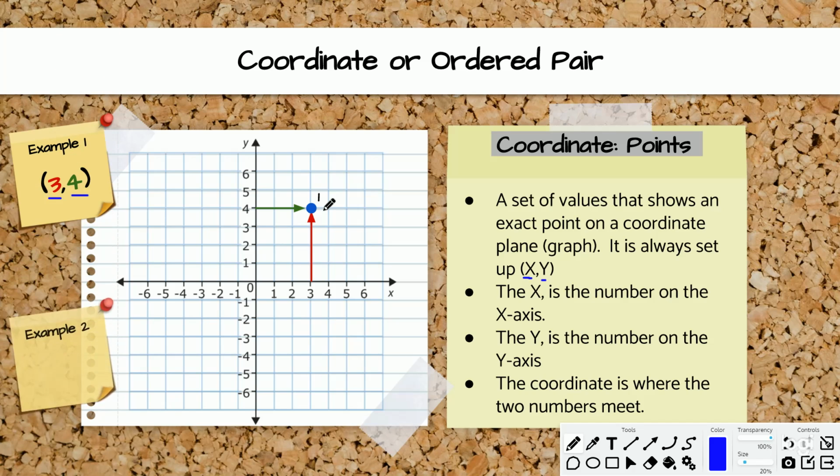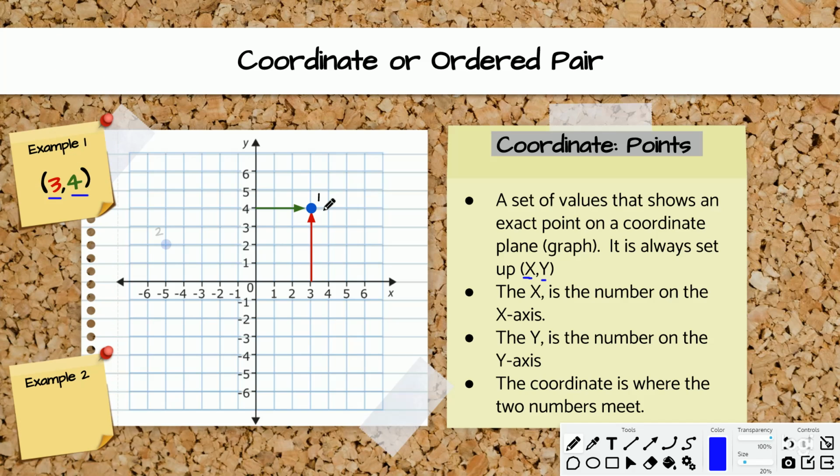Another way that we might show this is if they give us a point first. So in this example, they give us a point, and then we need to write down what the coordinates are for this point. Again, we need to remember that the x is first, and the y is second.